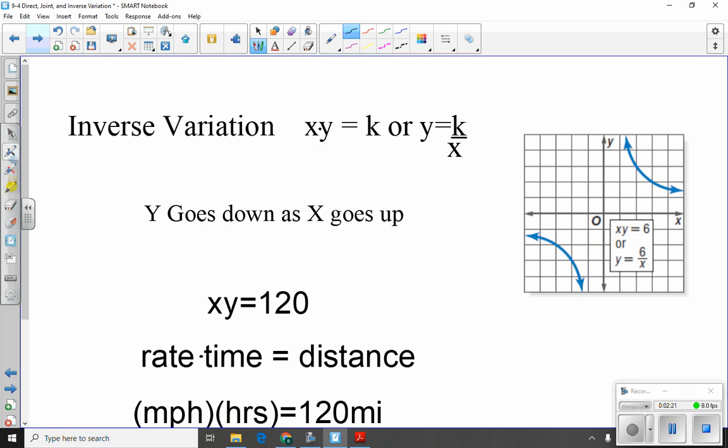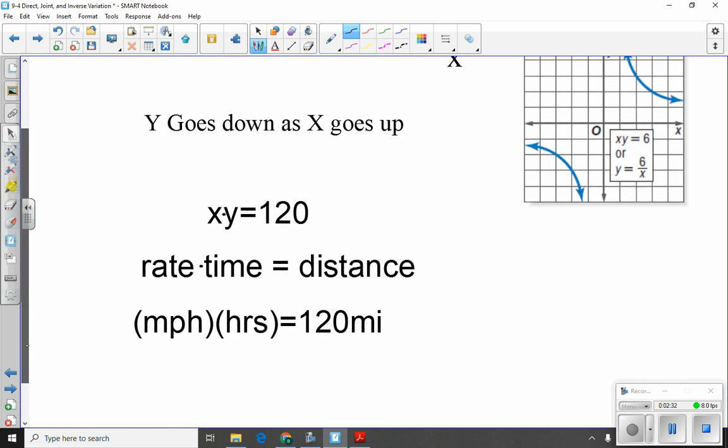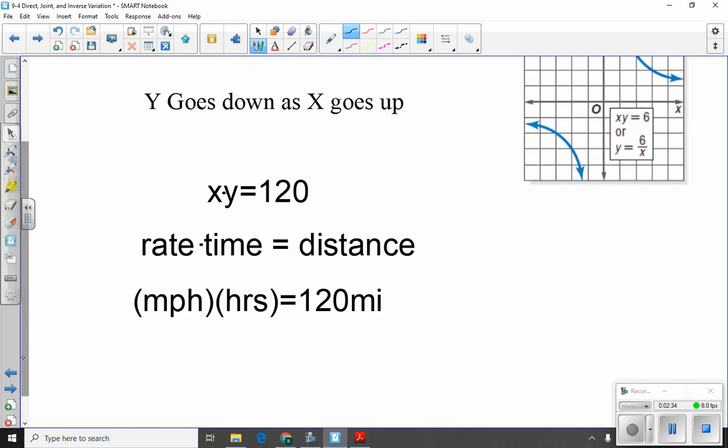Most commonly, I think of the rate times time equals distance equation. So if I have x times y equals 120, maybe I have to travel 120 miles, then the rate, or how fast I'm going, miles per hour, times how many hours I'm driving, will take me to travel 120 miles.